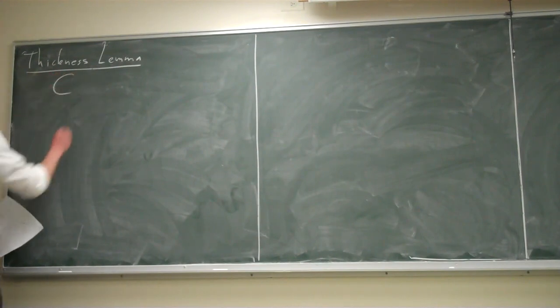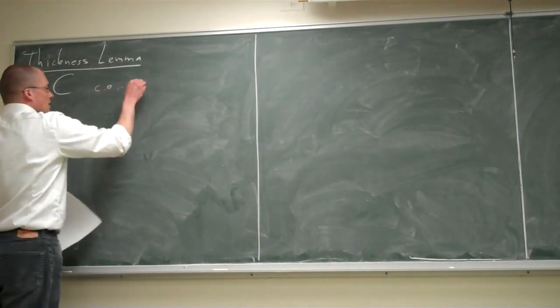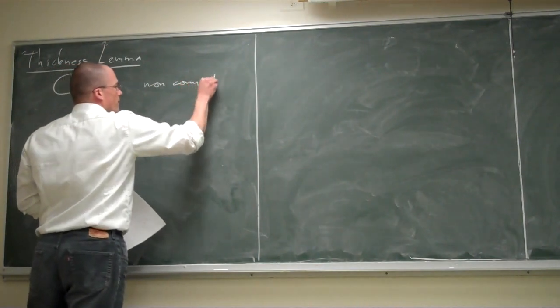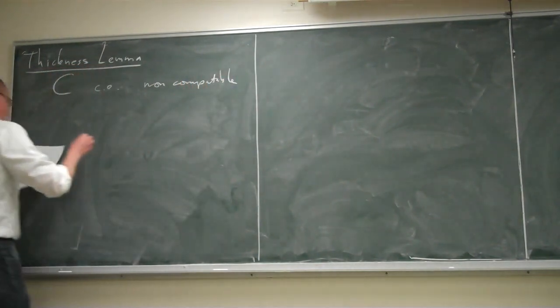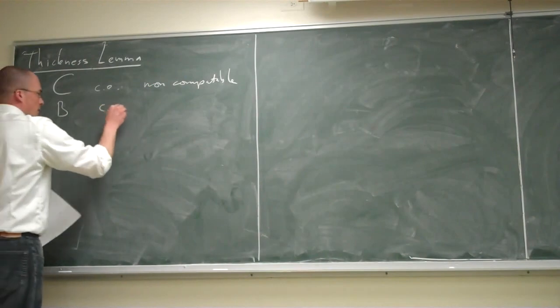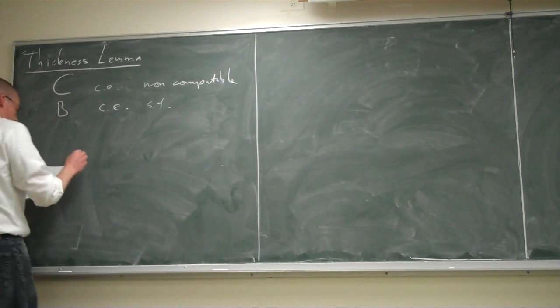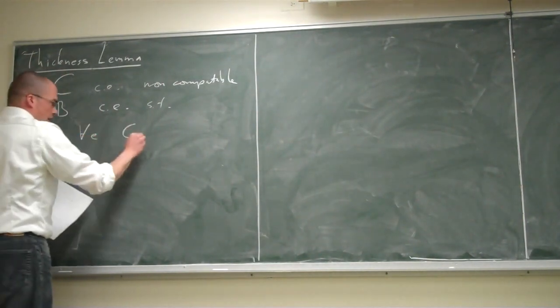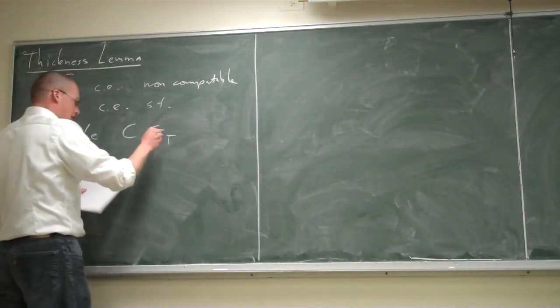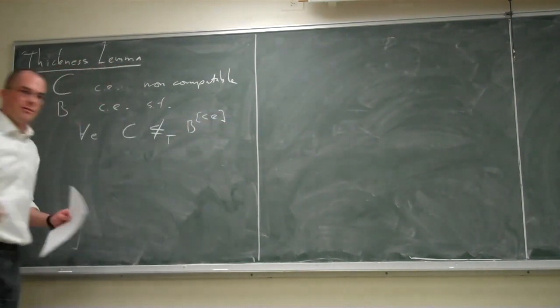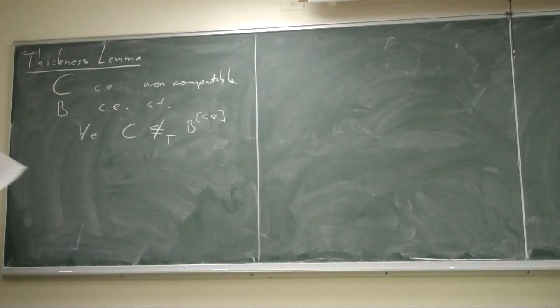It says, well, if you have a C which is CE non-computable, if you have a B which is CE such that any finite number of columns of B do not suffice to compute C. That doesn't mean that all of B doesn't suffice, but at least any finite number of columns doesn't suffice.